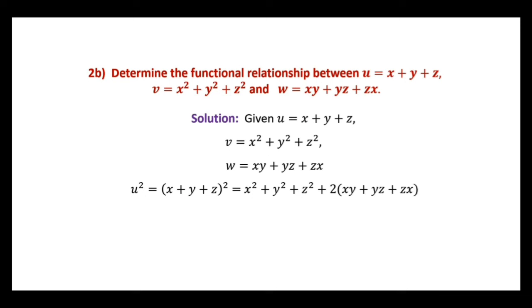Basically u is x plus y plus z, and after squaring you get this expression where x² plus y² plus z² is v, and xy plus yz plus zx is w. Hence we have obtained the functional relationship among u, v, w as u² equals v plus 2w.